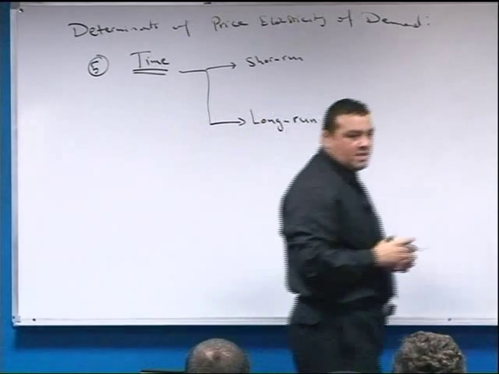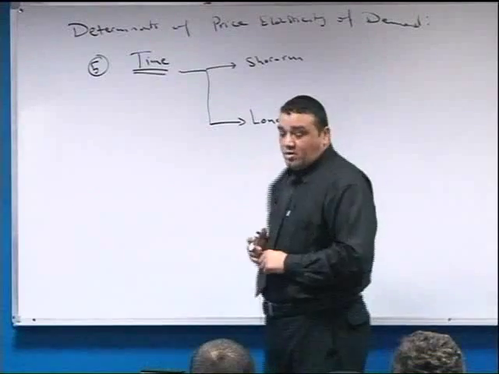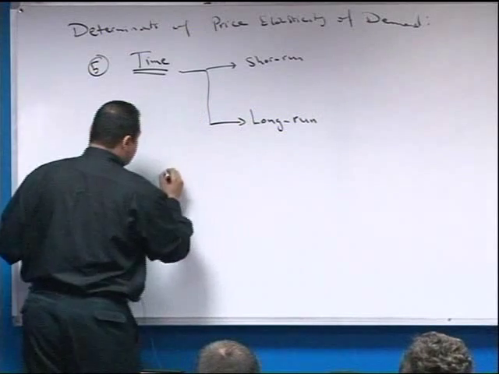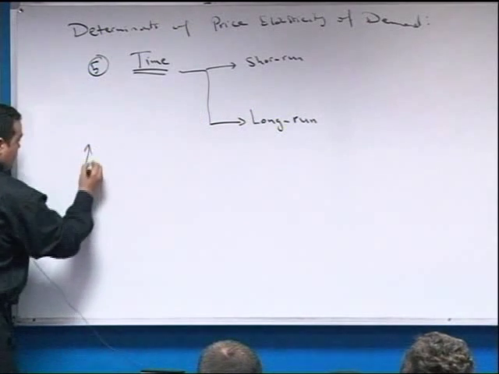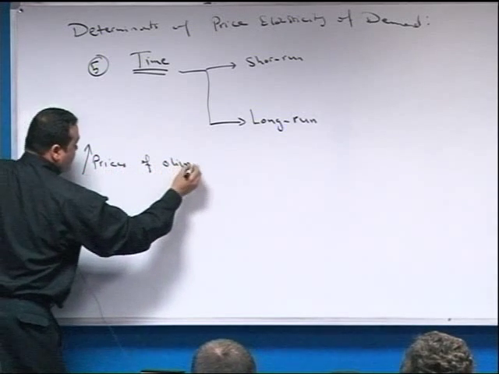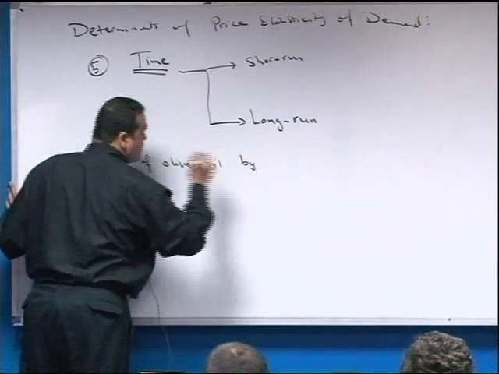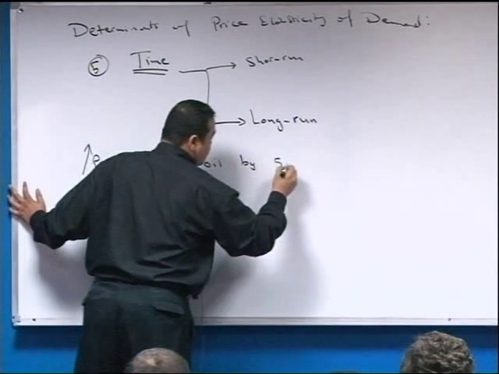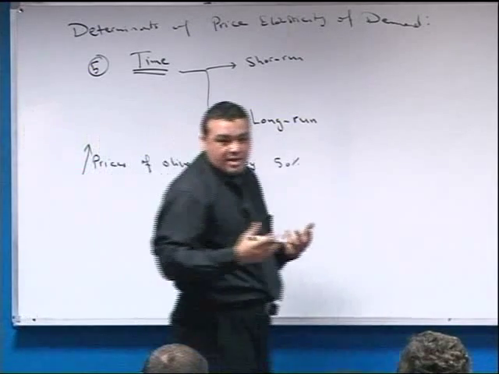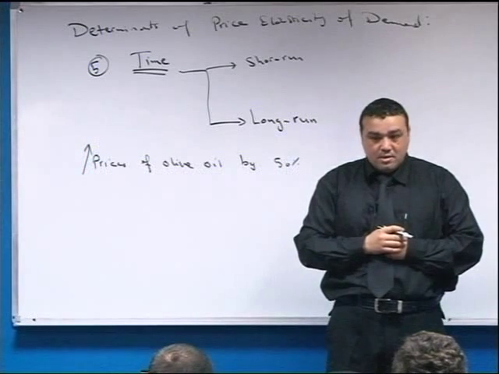To understand the idea, suppose that the price of olive oil increased by 50%. In the short run, it's not easy to find substitutes for this product, right?